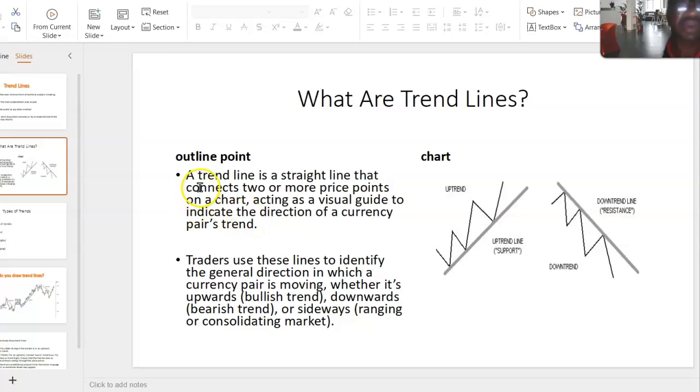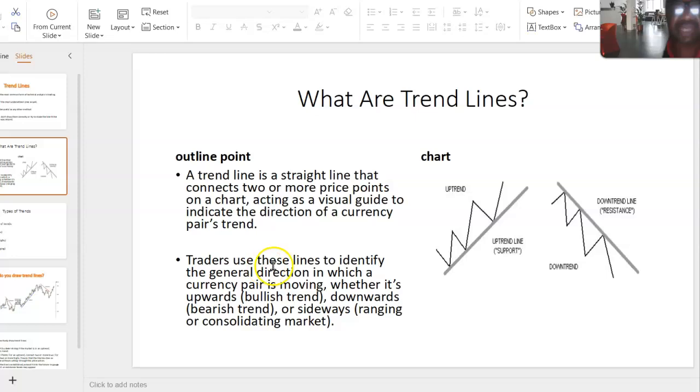So now, an outline for a trend line. A trend line is a straight line that connects two or more price points or edges on a chart, acting as a visual guide to indicate the direction of the currency pair trend, or you can say cryptocurrency trend.